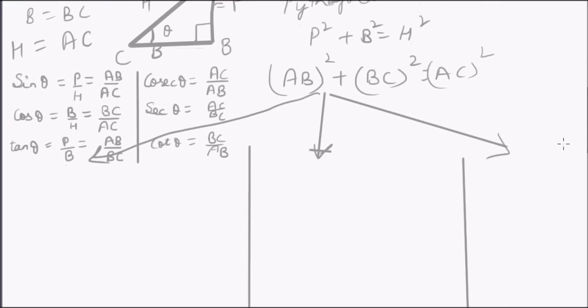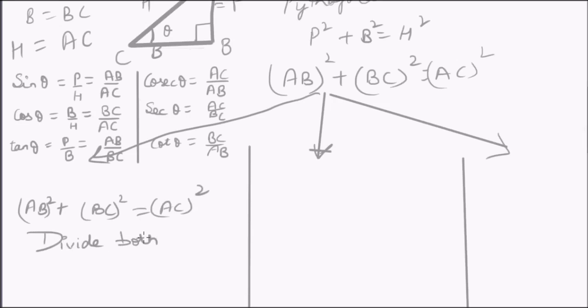Now just write this Pythagoras theorem applied to this triangle. The first case will become AB square plus BC square, or rather whole square, equals AC whole square. Divide both the sides by AC whole square.